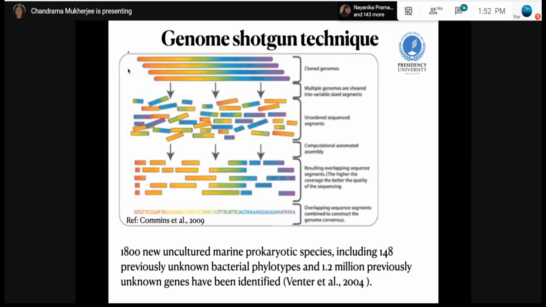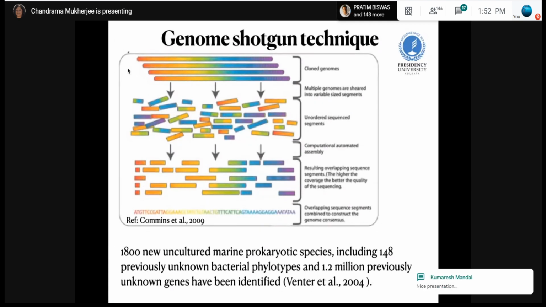In this study, over 1.2 million previously unknown genes have been identified thanks to the power of genomics. This covers many previously characterized genes along with many uncharacterized genes too.